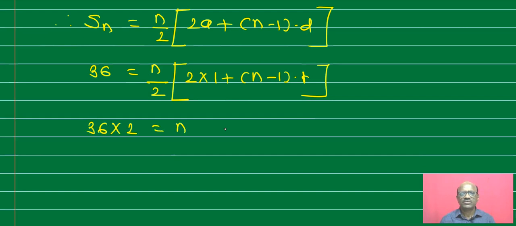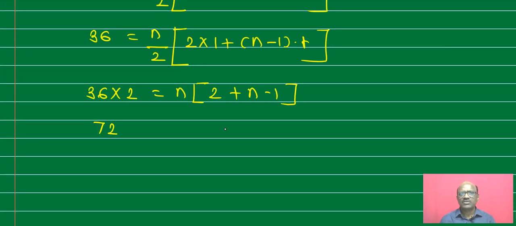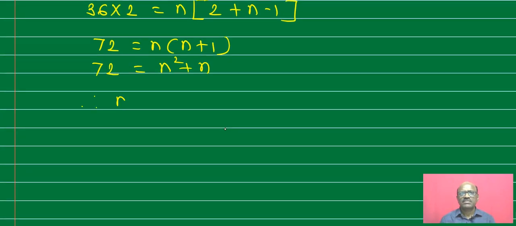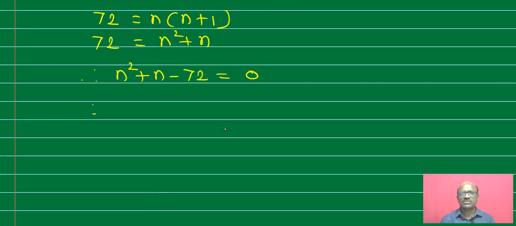Simplify: 36 into 2 is equal to n in bracket 2 plus n minus 1, that is 72 is equal to n into n plus 1, that is n square plus n. Therefore n square plus n minus 72 equals 0.